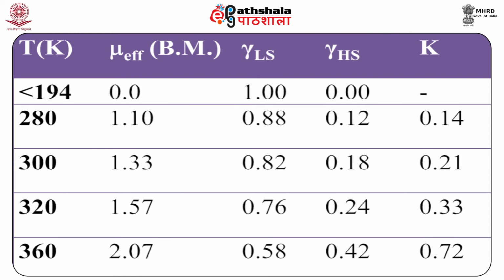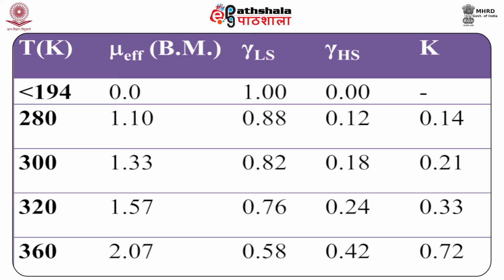The gamma HS and gamma LS can be calculated at different temperatures by using the given equations. The gamma HS, gamma LS, mu effective and K for the given complex at different temperatures are shown here in the table. The data suggests that the effective magnetic moment and equilibrium constant K are increasing with temperature.